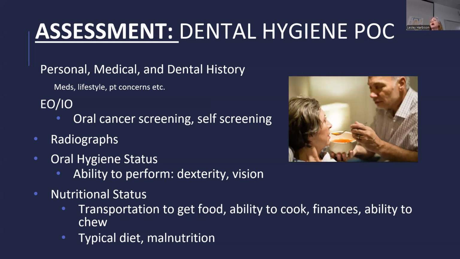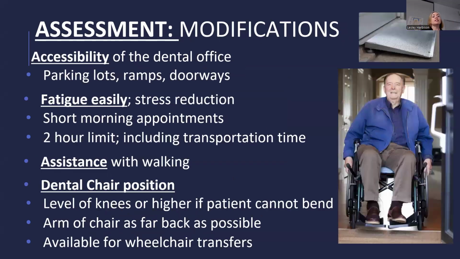Nutritional status: are they still able to cook the way that they did before, eat the same kind of foods? Financial changes, ability to chew their food, and then just their diet as a whole. Is it changing dramatically? Is there malnutrition as a concern? So it's a lot of things as a dental hygienist to keep tabs on, and you don't necessarily go through it like a checklist, like a pilot on a plane, but you want to have that understanding holistically that all of these things can affect the patient.